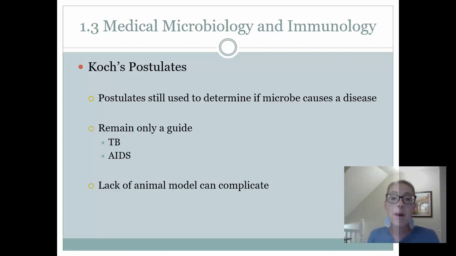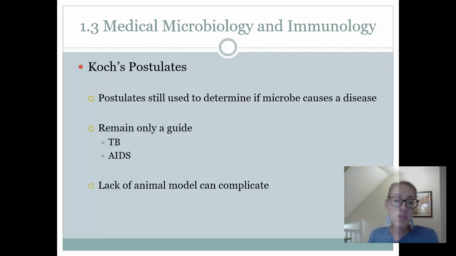When we start talking about a lack of an animal model, that can really make things difficult. In fact, there are times where we just ethically cannot work through Koch's postulates because there's no animal that can have the microbe grow within it, or it doesn't cause the disease within that animal. HIV, which is the causative agent of AIDS, is one of those examples.